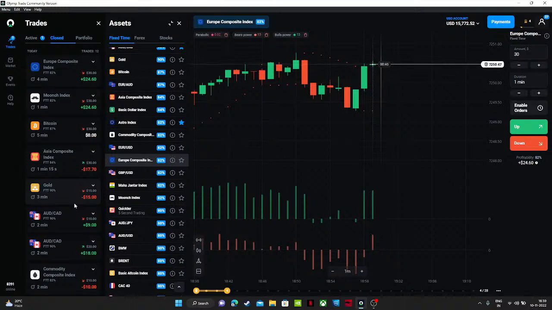CPI and initial jobless claims, I'm not very sure what the data will be, but yes, based upon the data, the market will be affected, and yes, it is going to have a deep impact on the USD. And if the data is positive, the USD might go in the upward direction very fast. So the data is about to release.